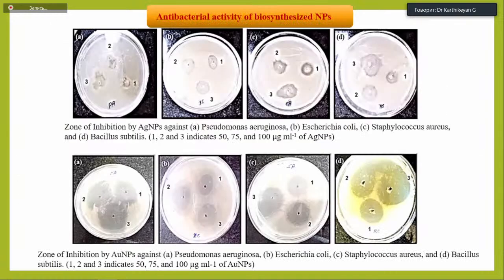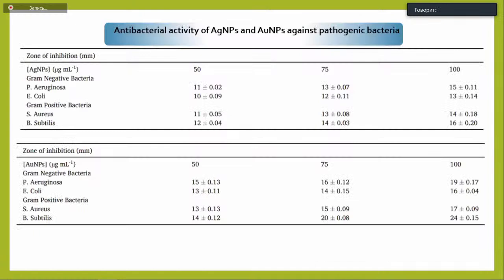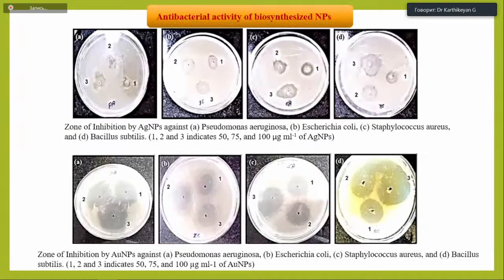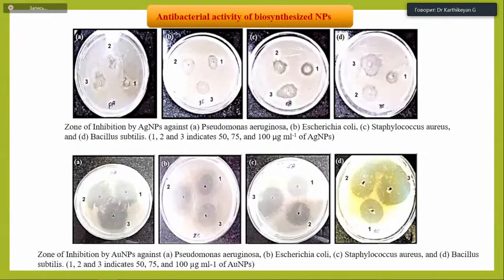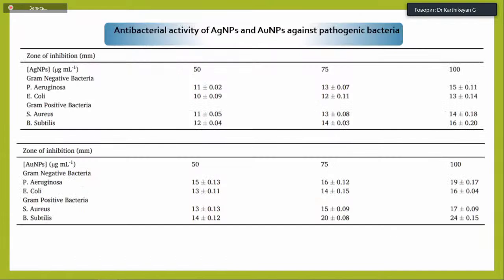With respect to concentration, the gold nanoparticles achieved relatively higher antibacterial activity than the silver nanoparticles. The proposed mechanism involves reactive oxygen species acting on the pathogenic system.